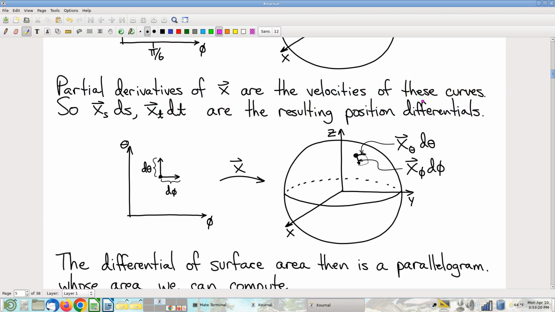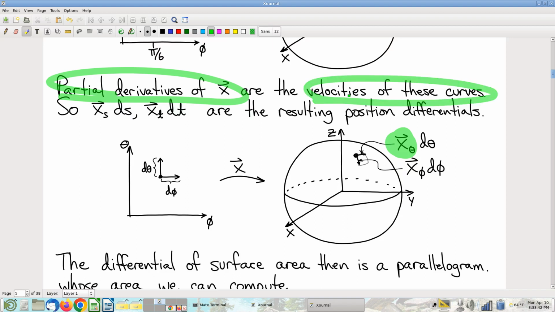Now the way I'm going to use that is by interpreting, for example, this thing right here, x theta. That is a partial derivative, right? That's the partial derivative of the parameterization with respect to theta. But of course, we now see that as a velocity.